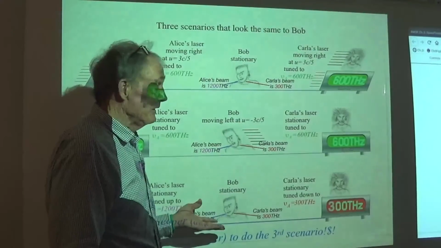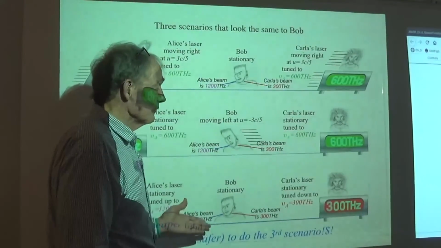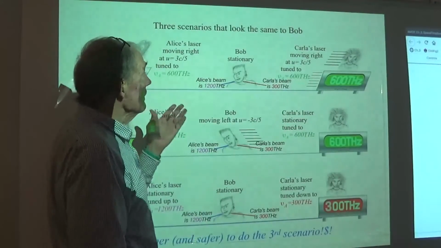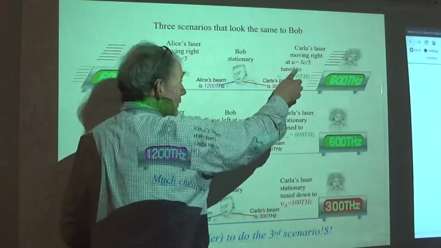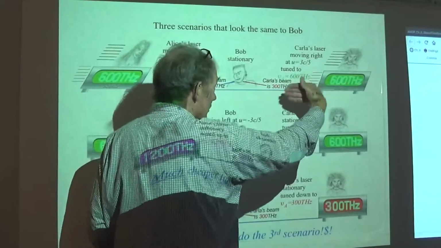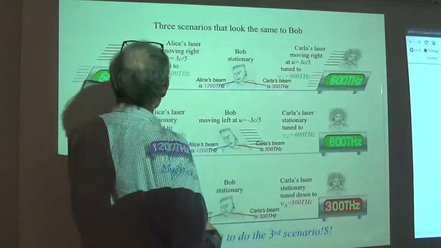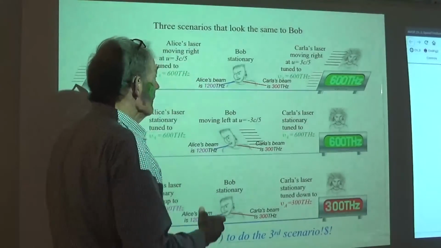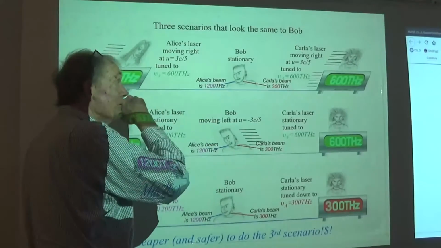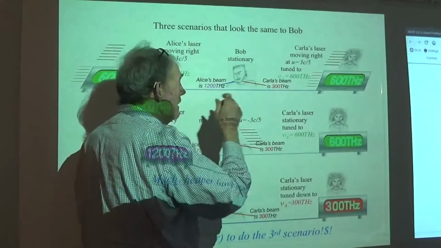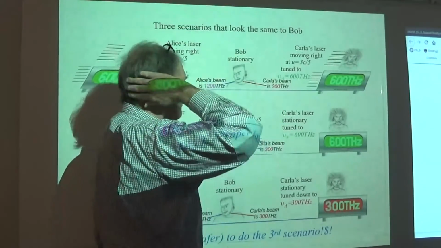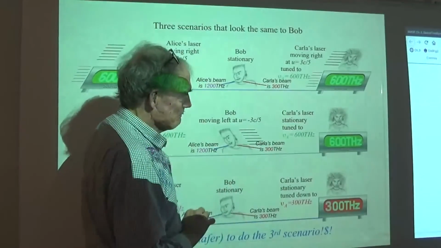If you've got the equipment already in lasers, you can do this right here. This one is to get both of these girls going at 3/5 the speed of light. Carla shines back at Bob, she shines forward. He sees Alice's beam 1200, that's a horrible UV, better be wearing protective equipment. But 300, oh, it's just a nice warm breeze, thank you, Carla.